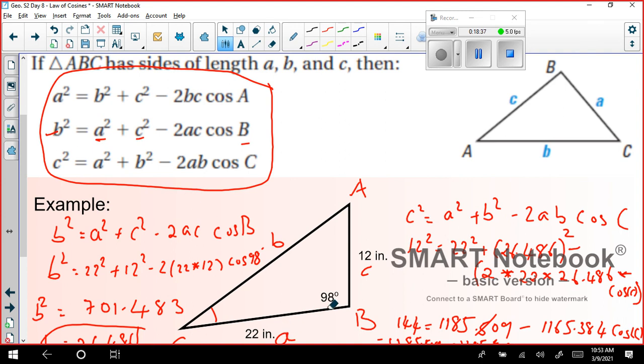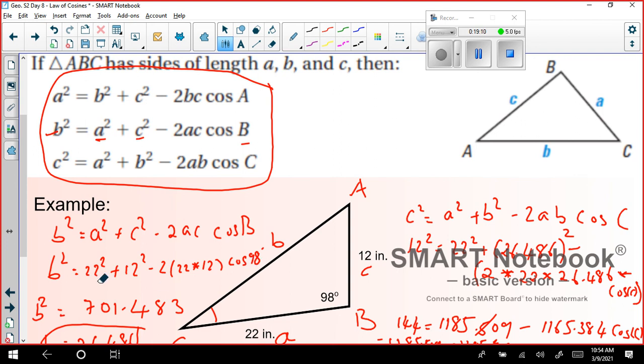Here I have been given small a, small c and angle B, so I'll use this equation: b square equals a square plus c square minus 2ac cos B. Let me substitute: a was 22, so 22 square, and c was 12, so 12 square, minus 2 times 22 times 12 times cos 98.